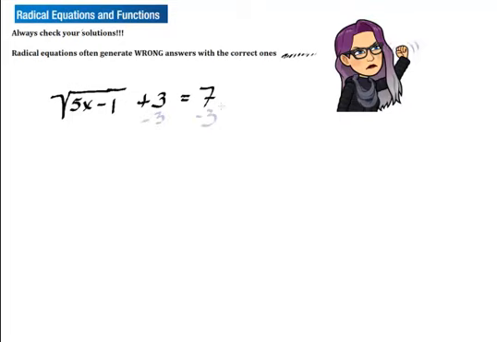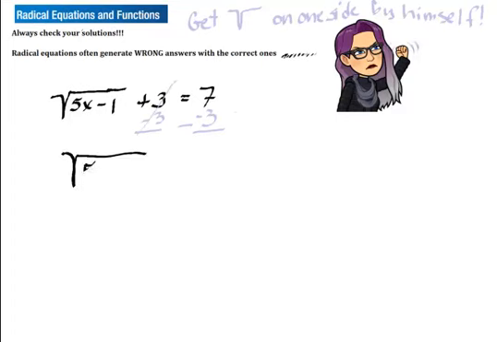So go get square root on one side by himself. All right. So let me tell you, that'll make things a lot easier if you'll just do that very beginning. Otherwise, it becomes messy, messy. All right, 7 minus 3, that's a 4. Now you can square both sides.